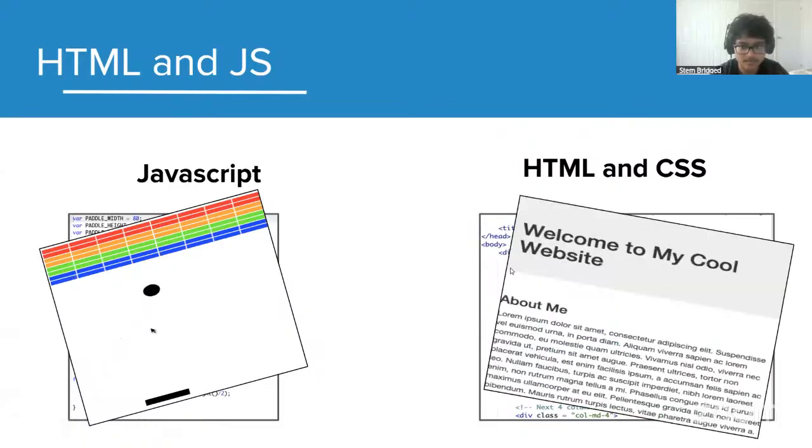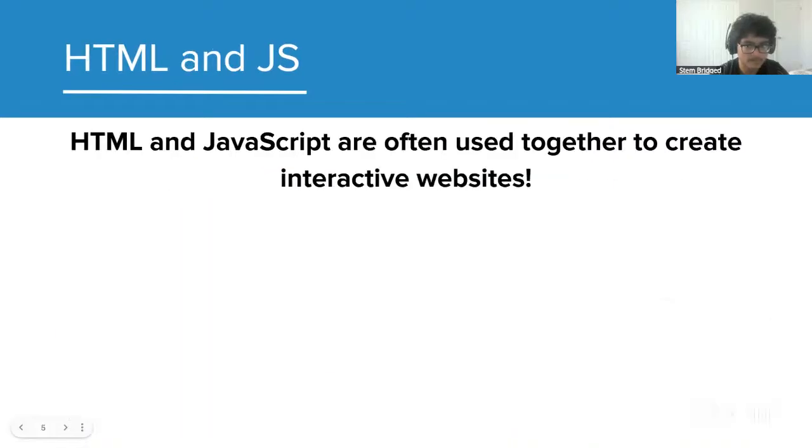Here's HTML. It's just content, and you can style it however you want. You can use JavaScript to make it interactive. So you often use HTML and JavaScript to create interactive websites, but you have to combine them together.